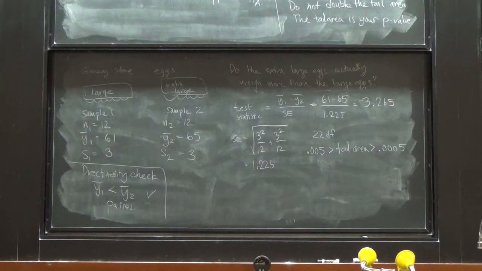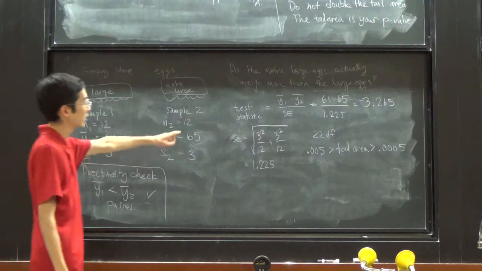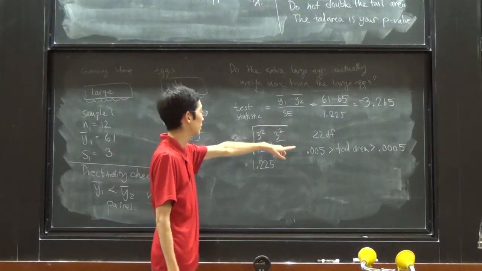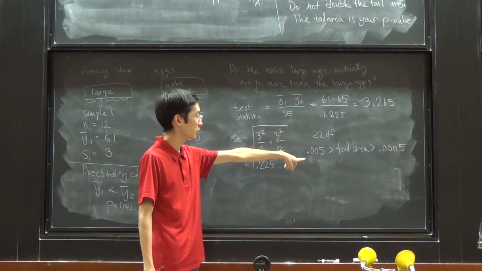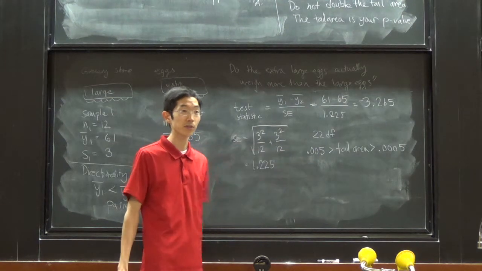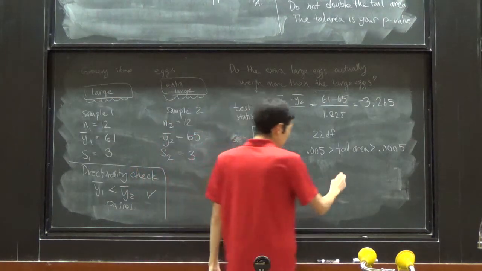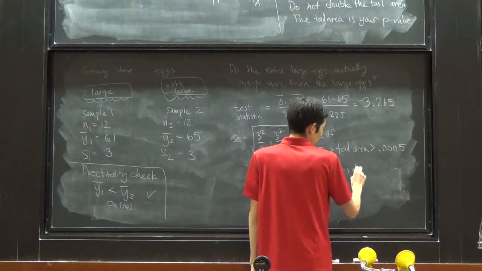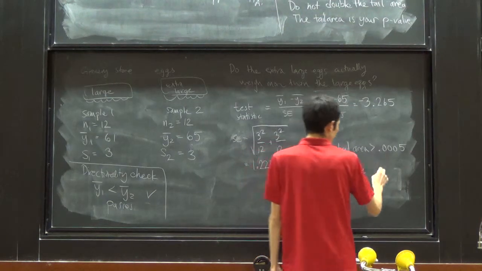So looking at extra large eggs versus the large eggs, this is what I get. My test statistic is negative 3.265, and so my tail area is between 0.005 and 0.0005. So my tail area is my p-value.